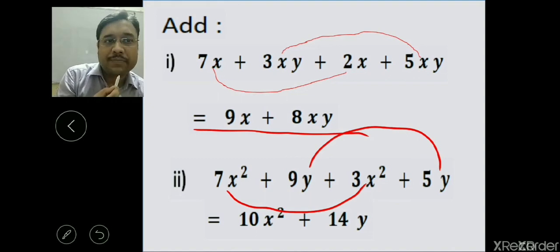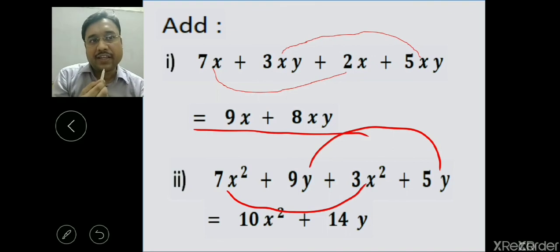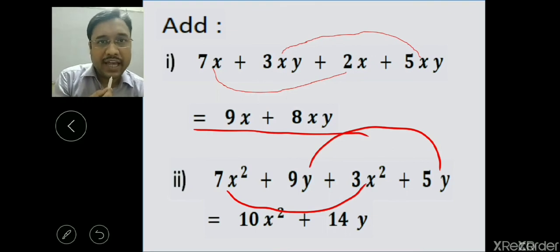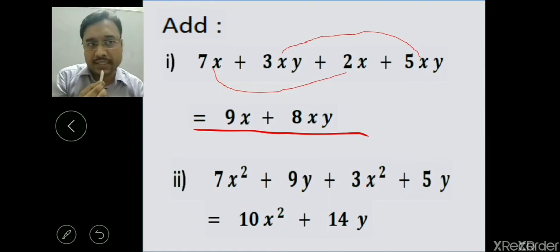They are also like terms, because their literal factors are same. So 9y plus 5y is 14y. Okay, so the sum will be 10x square plus 14y, and it is a binomial.